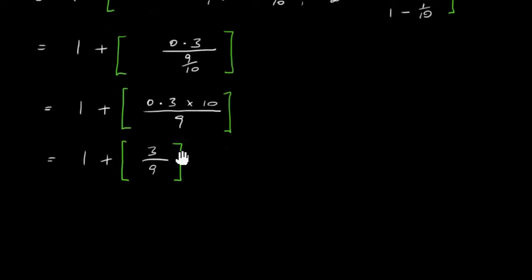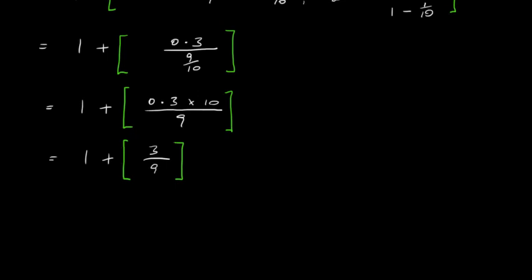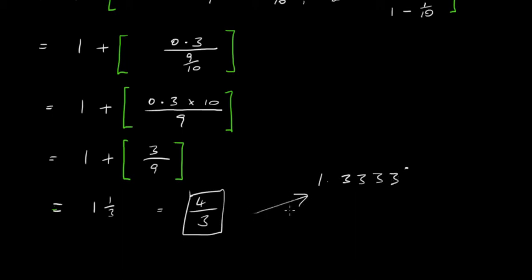So that is 1 plus 3/9, or that's just 1 and 1/3. This is 1/3 here. So we end up with 1 and 1/3, or 3 1s are 3, plus 1 is 4 over 3. Which is what I guessed at the beginning, 4 over 3. So 1.3333 and so on can just be written as 4 over 3 as a fraction.